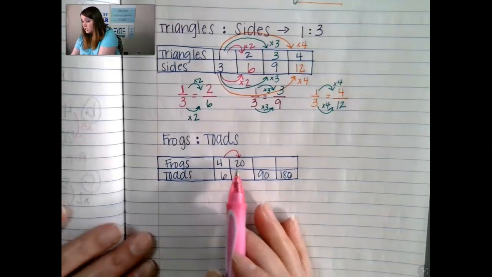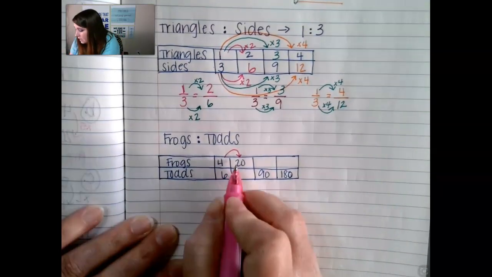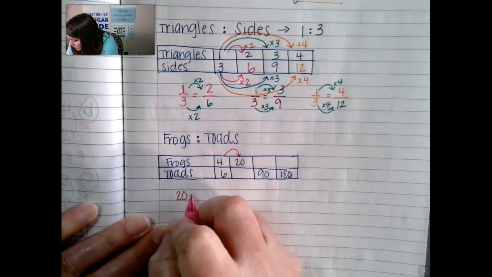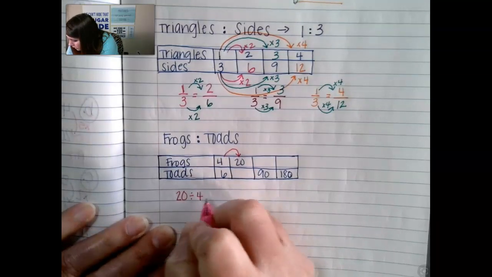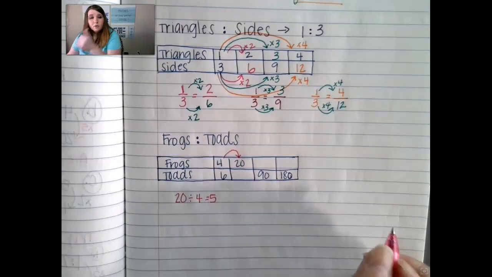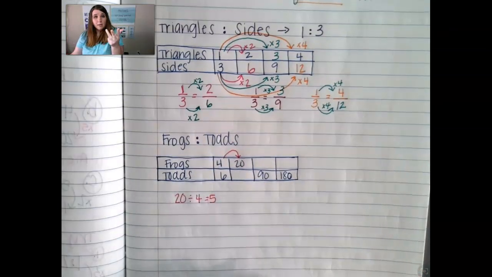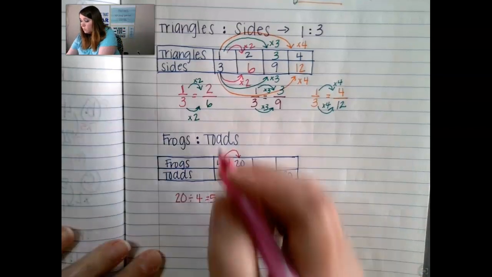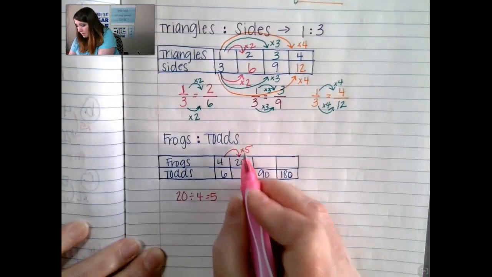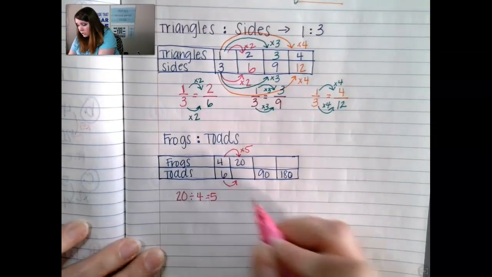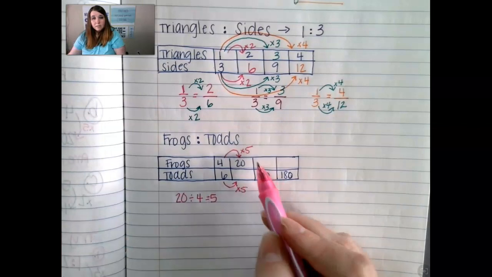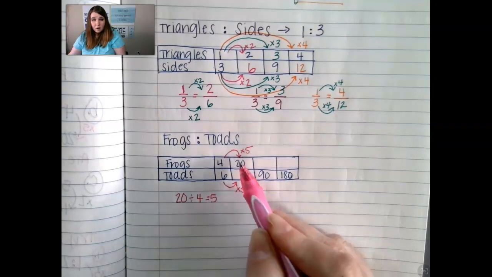Or I could just use what I have here and find the change. So 20 divided by 4 equals 5. So I know 5, 10, 15, 20. I can just multiply by 5. So if I multiply by 5 on the top, I need to multiply by 5 on the bottom to keep it equivalent in column 2.